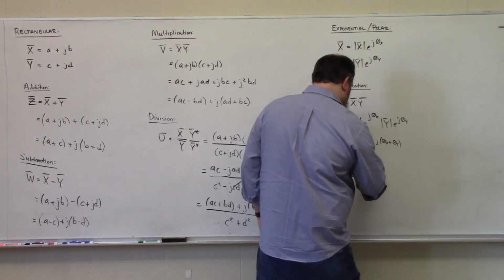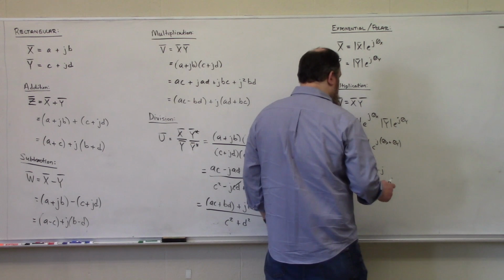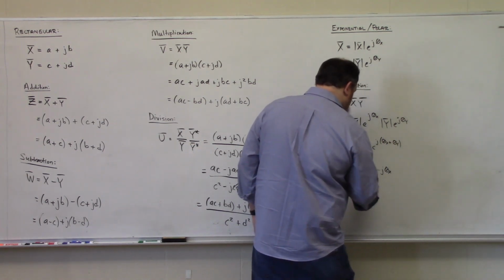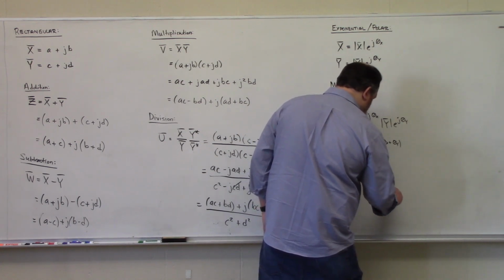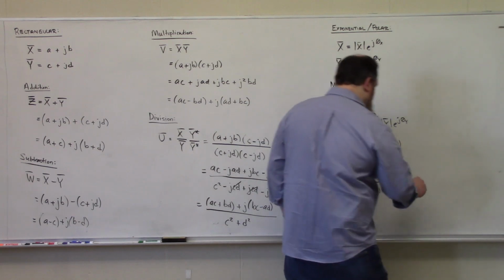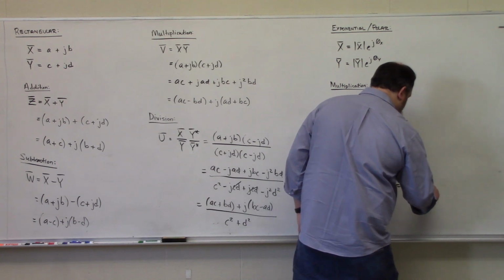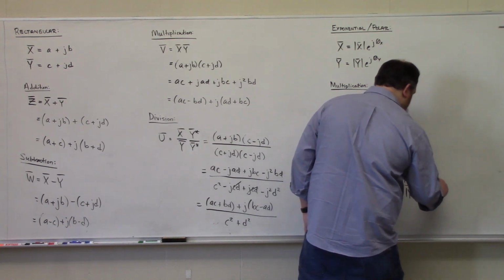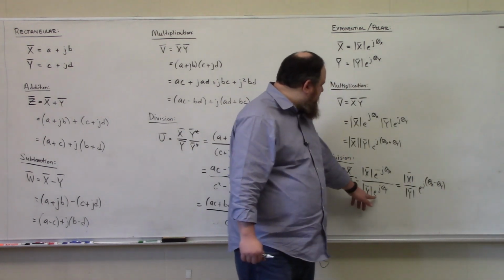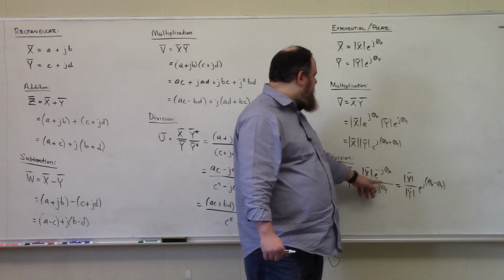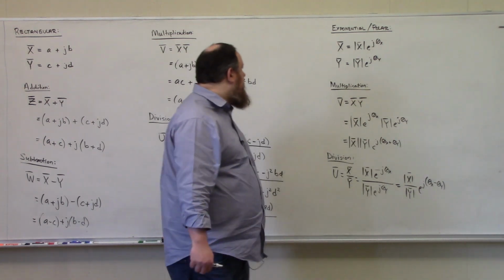It's going to give me the magnitude of x e to the j theta x divided by the magnitude of y e to the j theta y, which becomes the magnitude of x divided by the magnitude of y, e to the j (theta x minus theta y), because dividing by e to the j theta y is the same as multiplying by e to the negative j theta y. So that's why it follows the multiplication principle so easily.